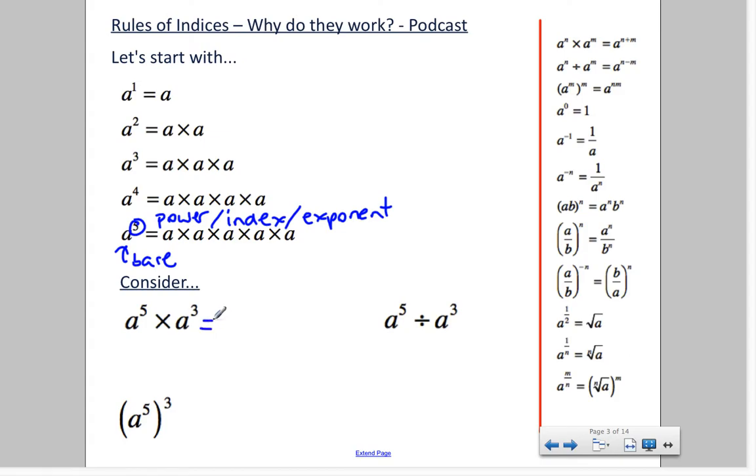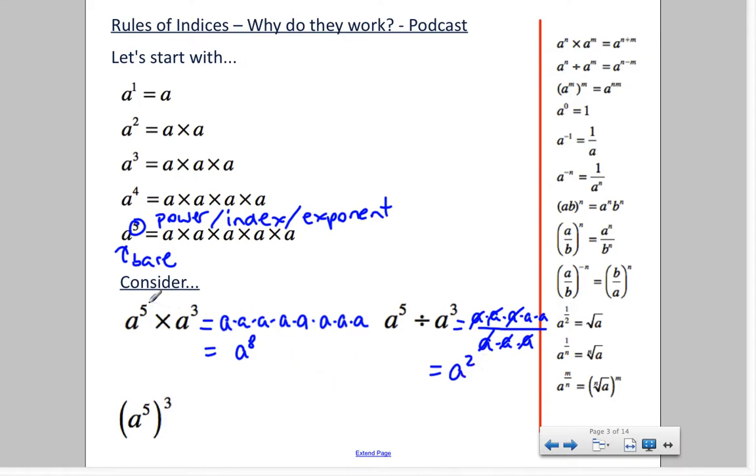For example, if we start with a to the 5 times a to the 3, well, a to the 5 is just a times a times a times a times a, 5 times, and then we're going to multiply that by a to the 3, which is a times a times a, and that in shorthand is a to the 8. If we divide, let's say we have a to the 5, so that's a times a times a times a times a, and we divide by a to the 3, a times a times a, 3 of these a's cancel out, and you can see that the answer to that is a to the 2.